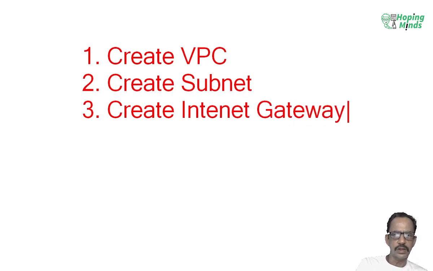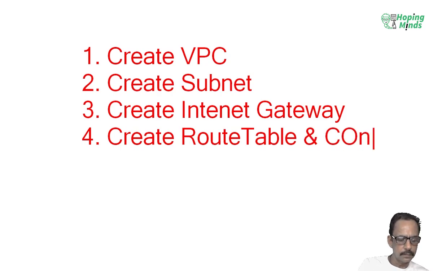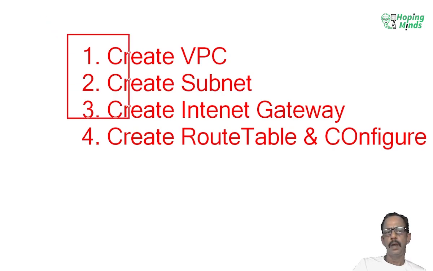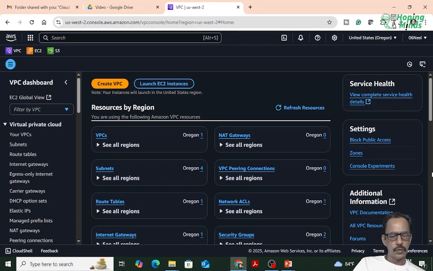And fourth step, we need to create the route table and configure the route table. Clear? So we have to follow these four steps to successfully create a VPC. All clear? So let's start to create the VPC.